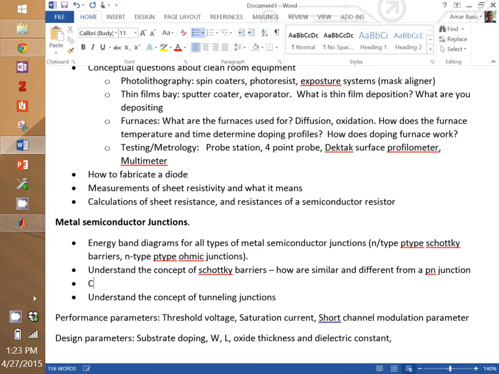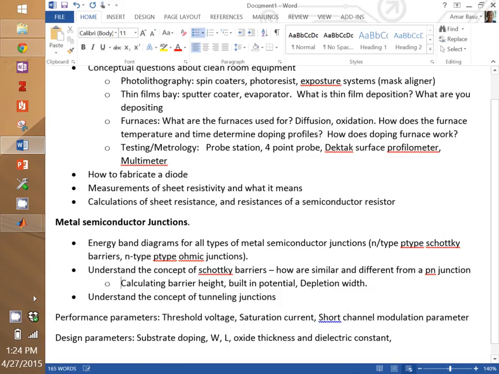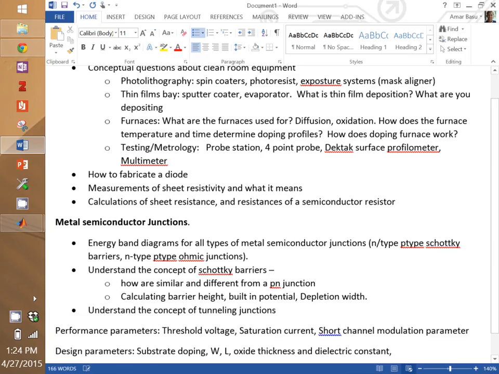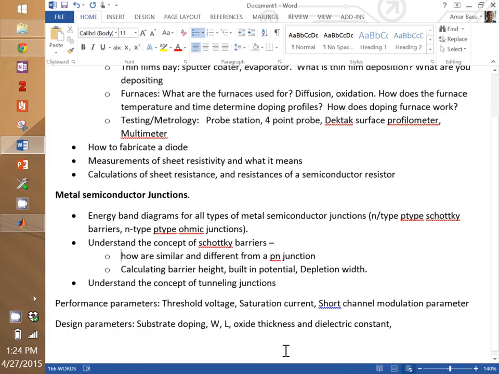So calculating things like barrier height, built-in potential, I may even ask you to calculate depletion width. Right, so these are some of the main things in the metal semiconductor junctions.